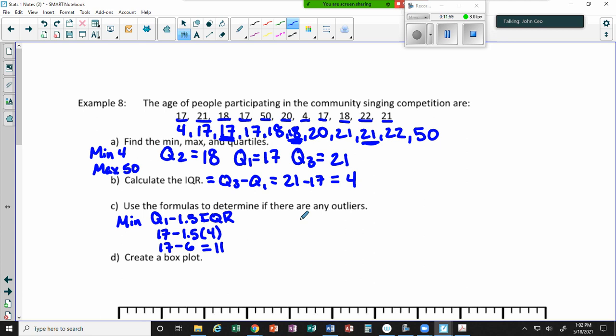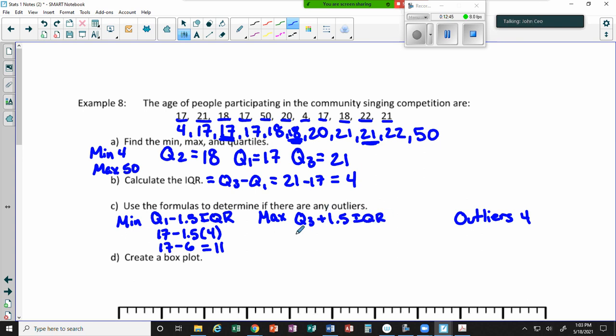So do I have any minimums that are outliers on the low end? Anything less than this number would be an outlier. So 11. Are there any values in this data that are less than 11? Yeah. So we have an outlier of what? I got 4. Now I need to find my maximum. Well, we do Q3 plus 1.5 times the IQR.